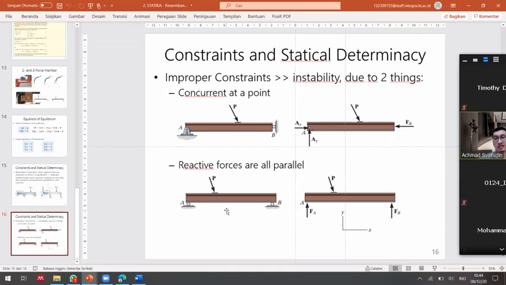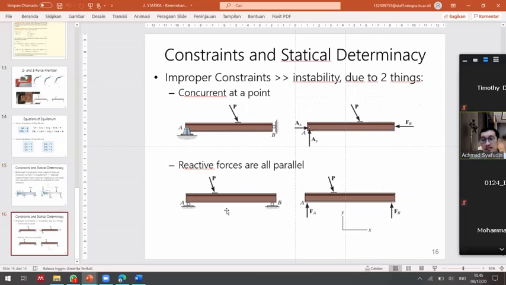It can have vertical and horizontal support, but the horizontal support is missing. So it will cause an indeterminate problem as well.